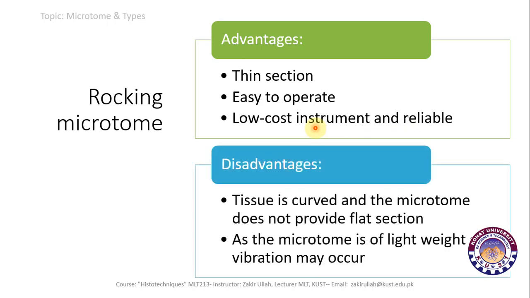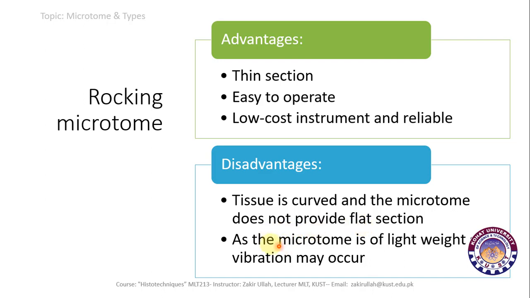The disadvantages of the rocking microtome are that the tissue section is slightly curved, so there may be certain spaces within the tissue, certain areas which are missed, or structures which are slightly distorted. Therefore, the microtome does not provide a flat section.